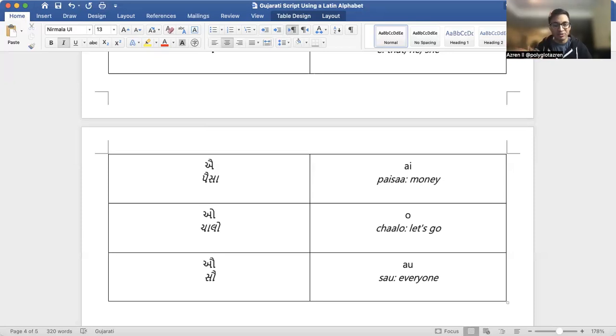When you see them, don't worry. You'll be like, oh, what's that? And then you can Google it or ask someone, and they'll just tell you, oh, this is that letter. And there you go. You'll know it. So what I've shown you here will cover you for all the speaking you do. But if you are learning to read Gujarati, it's about 99.999% of what you're going to read.